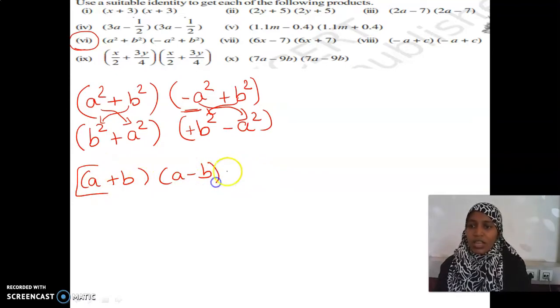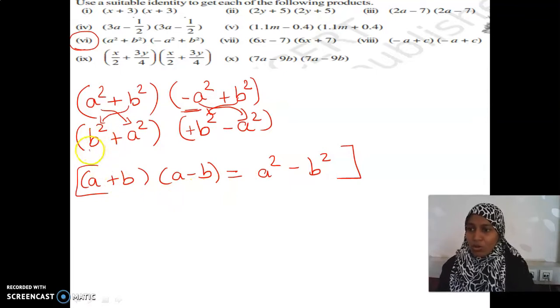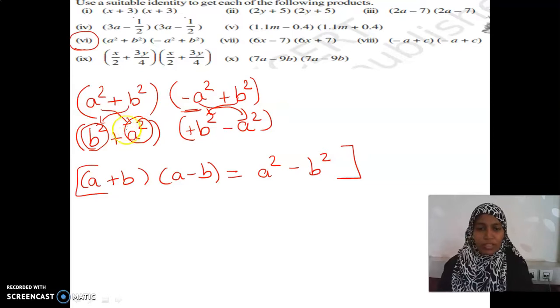Okay. What is the equivalent for this? It is a squared minus b squared. Isn't it? Whenever we have two numbers, what are the two numbers or two variables? B squared and a squared. In the place of a, I have b squared.